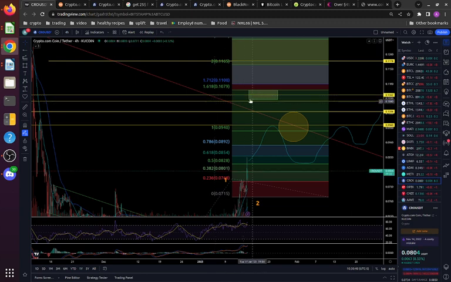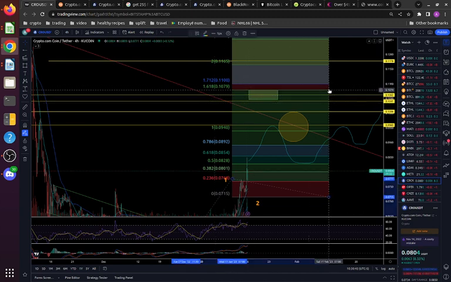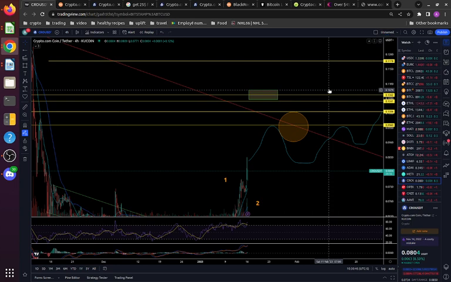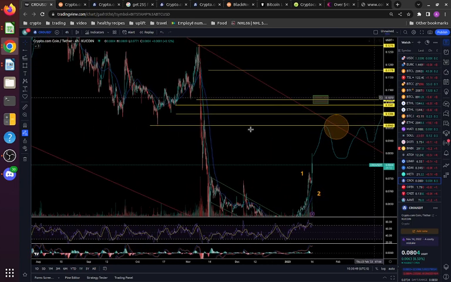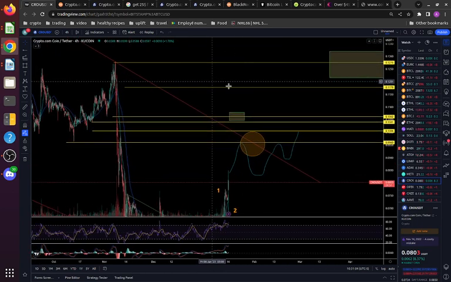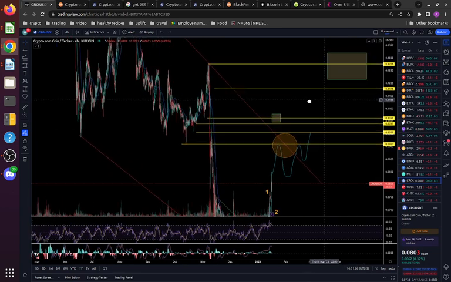Alright, so now that we have an idea where the price can go, we need to do some price action. As we can see, these are going to be our next resistance that we need to actually break. And I would say the most important one is this one, where I did a big box.